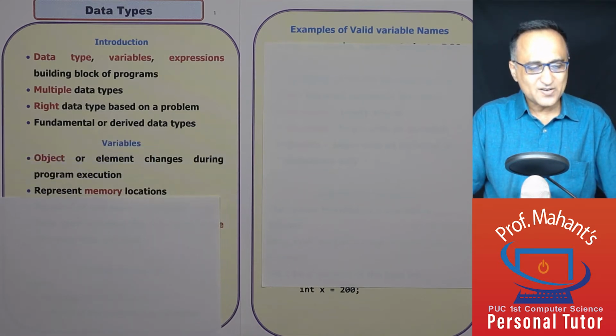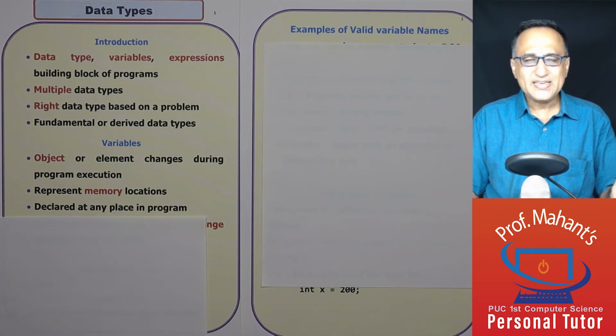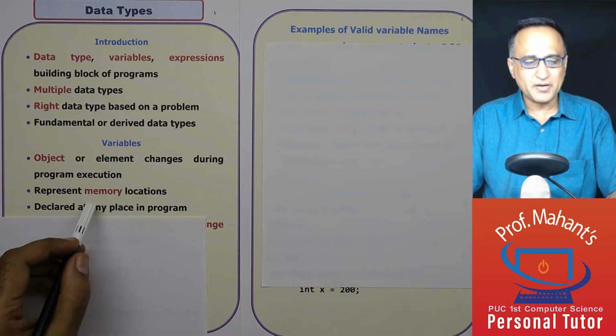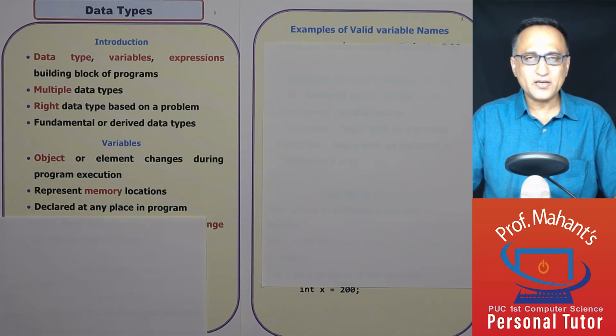Now let's understand what is a variable. A variable is a name given to a memory location which may change during the execution or running of the program. So if I say int A, it represents a memory location assigned by the computer or the compiler.